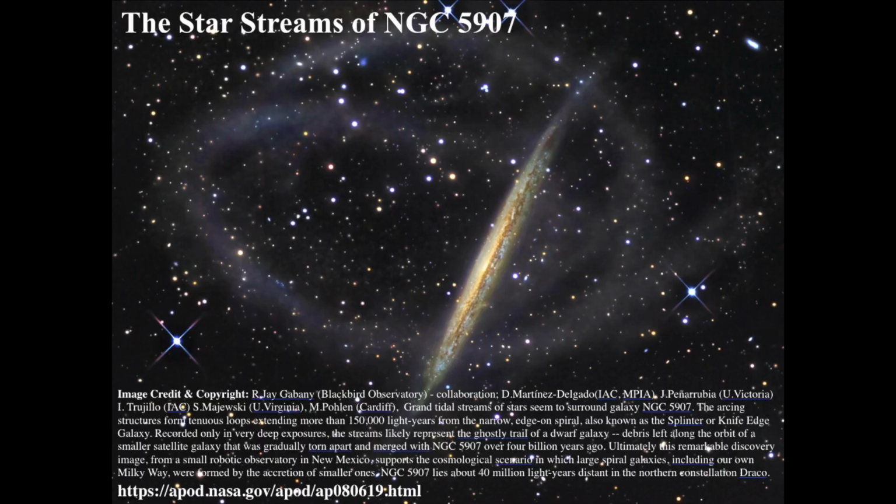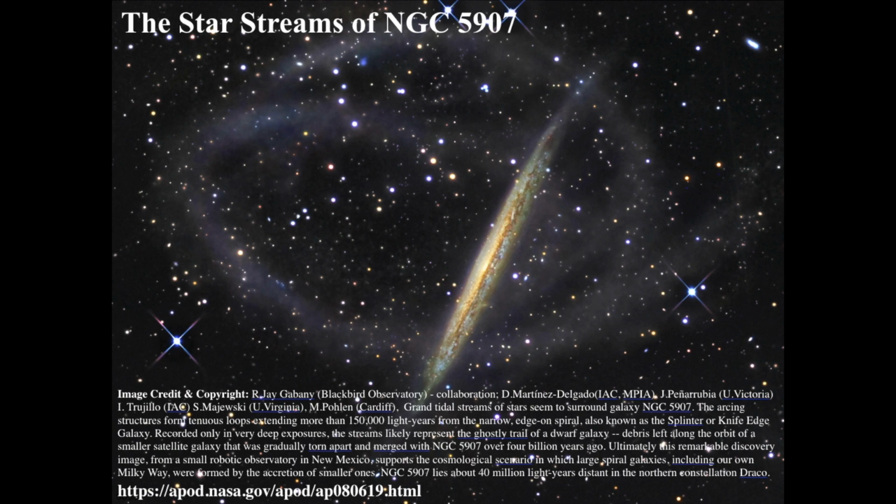And we have evidence for these star streams, and specifically this is an amazing picture from Astronomy Picture of the Day back in 2008, specifically June 19th of 2008, and this comes from Blackbird Observatory by Dr. Gabani, and he also collaborated with a number of people in order to show the tidal streams around this particular galaxy.